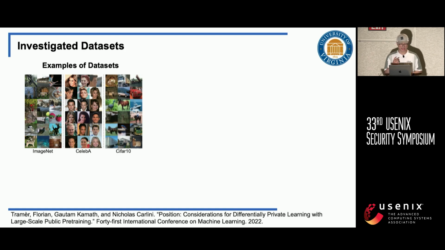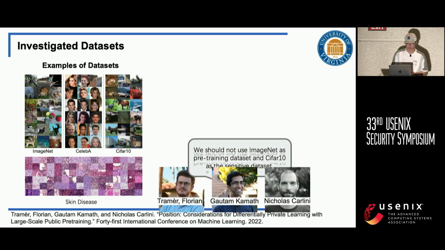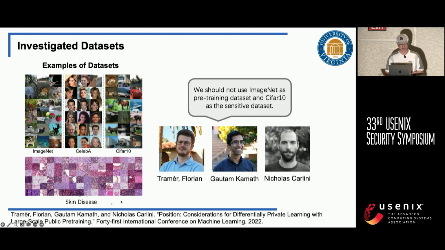We also use Places365, CIFAR-10, and a skin disease image dataset as sensitive datasets. Prior work points out that we should not use ImageNet as the pre-training dataset and CIFAR-10 as a sensitive dataset, because ImageNet contains images quite similar to those in CIFAR-10. We are just curious how our method performs on this dataset, and we also explore other types of datasets.